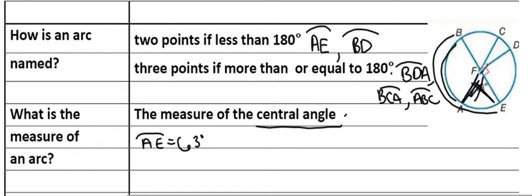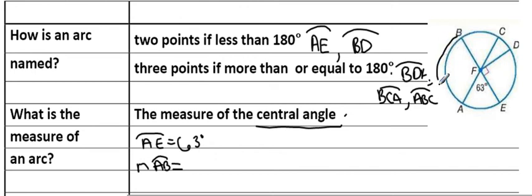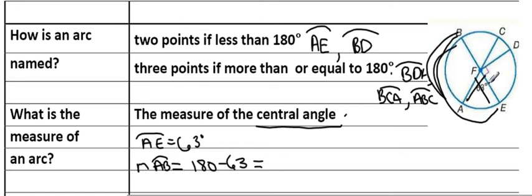So let's say that I wanted to find the measure of minor arc AB. Well, arc AB would be 180 degrees minus what's already been taken of that 180, which is 63. So arc AB would be what's left over of 180 degrees, or 117 degrees.